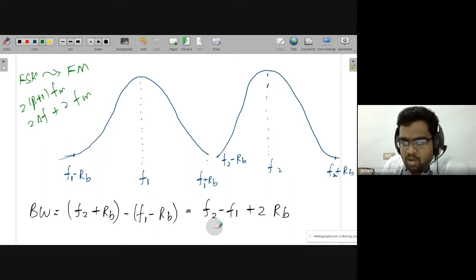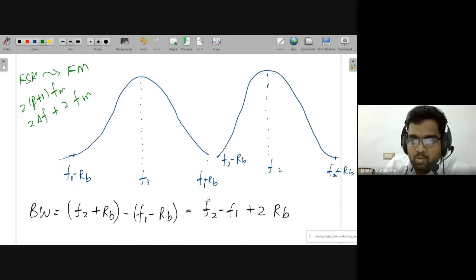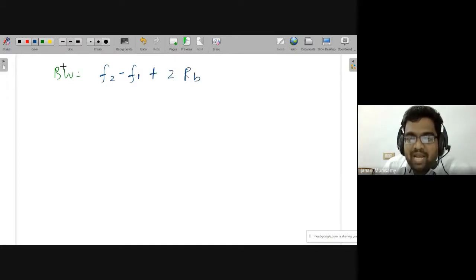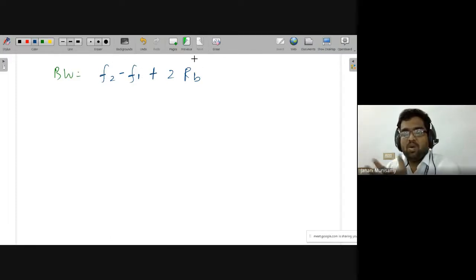Now, what could be the minimum value of F2 minus F1? On the next page, I am writing the bandwidth we defined as F2 minus F1 plus 2Rb. To get the exact value of bandwidth, I should know the relation of F2 minus F1.